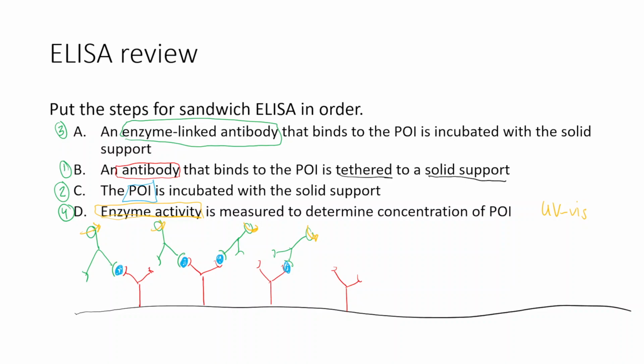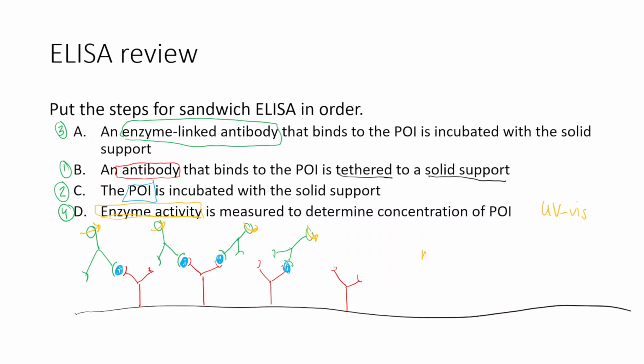And so essentially the reaction that we're seeing when we add the substrate to this enzyme, the faster or the more reaction that we observe means that we have more secondary antibody that's bound, which means, because they're related, that we have more protein of interest found.